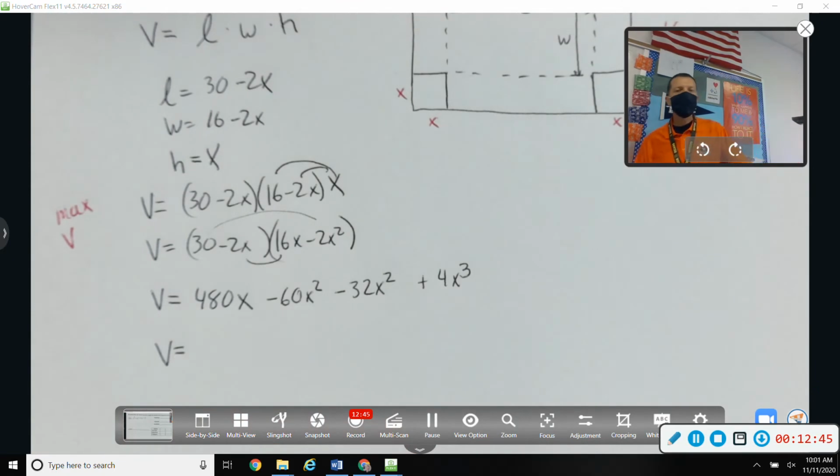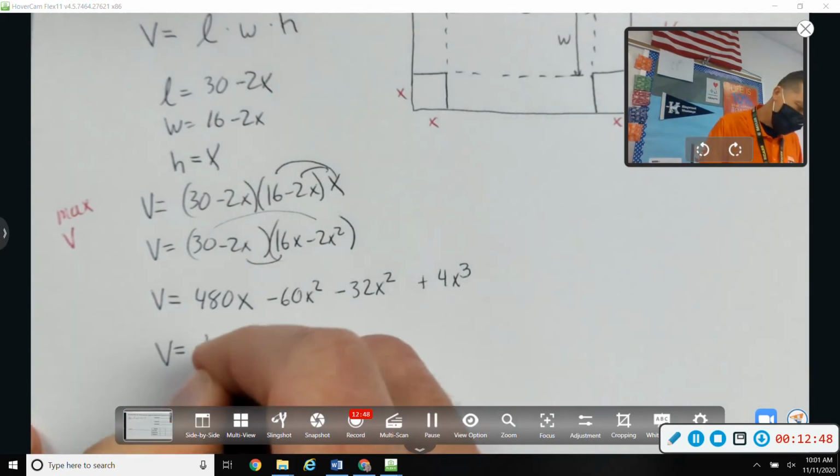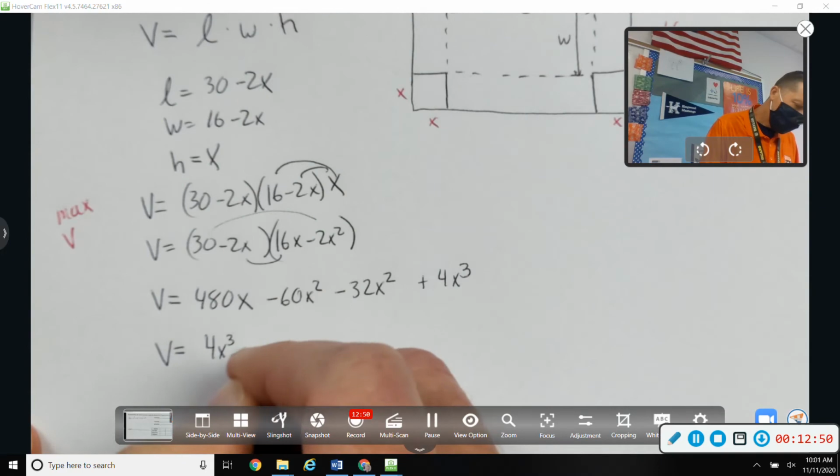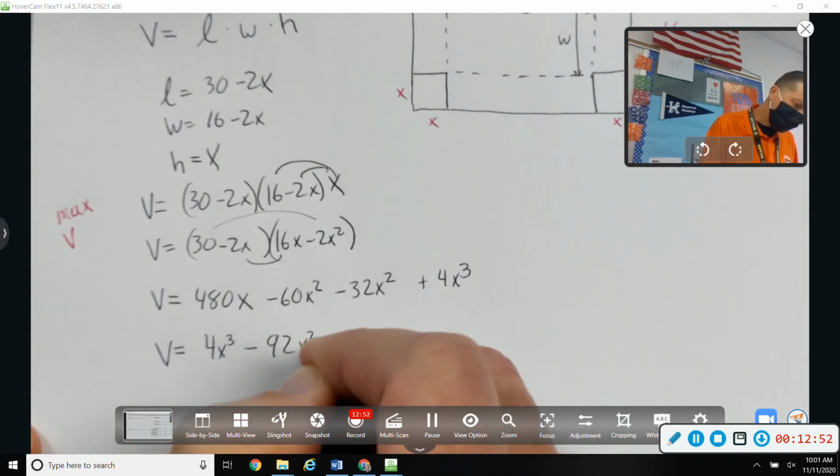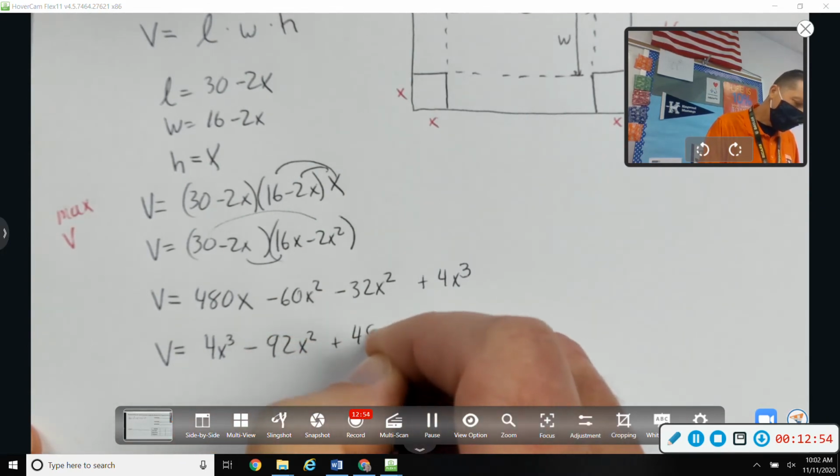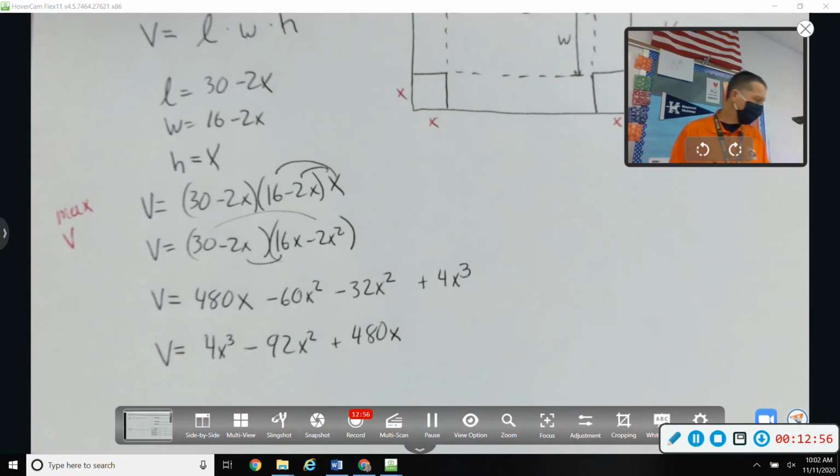Let's clean that up a little bit. So 4x cubed minus 92x squared plus 480x. That's still volume. I haven't taken a derivative yet. That's just me doing some algebra to clean things up. So I have a clean expression for volume.